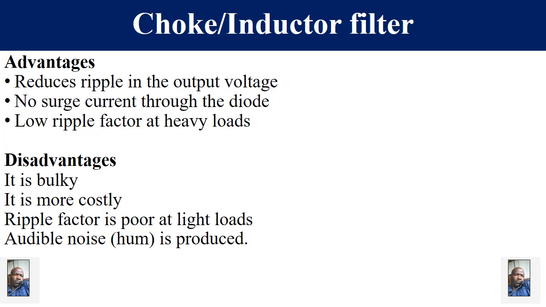Then the disadvantages: normally inductors are bulky, very big, and they cost more than capacitors, and the ripple factor is poor at light loads, as we have seen that the ripple factor is low at heavy loads, which is an advantage. Then there is a hum sound that comes from the power supply due to the use of the choke.